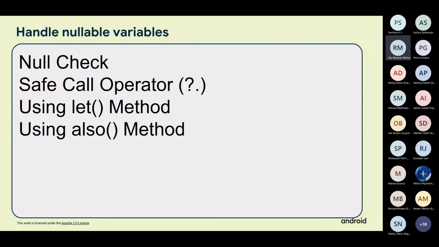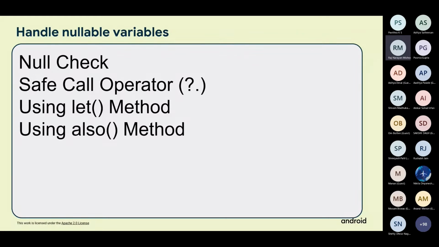The second is the safe call operator, it's another type. This executes an action only when the reference has a non-null value. If you are passing a variable and it's not null, then it will work. Otherwise, this will return a null value to you. Like if you have some value and you are using this operator, then the value of that variable will be returned to you.